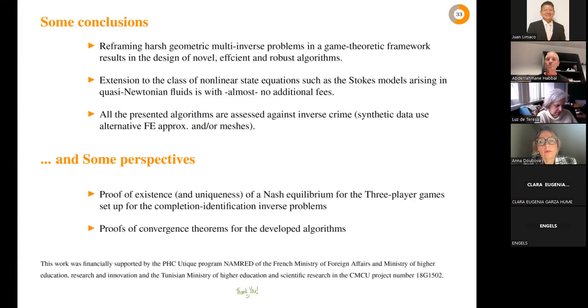Also, all our algorithms did not show any instability. And what is left, apart from the completion problem for linear elliptic equations, is everything from the point of view of theoretical results. Thank you.